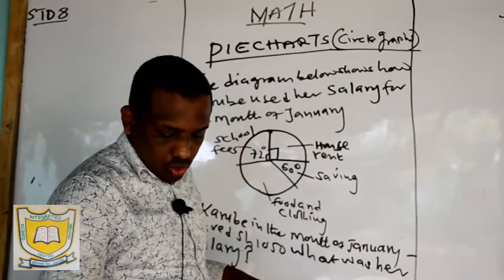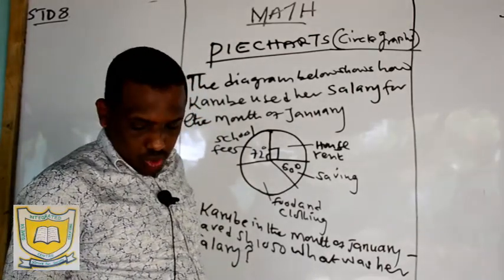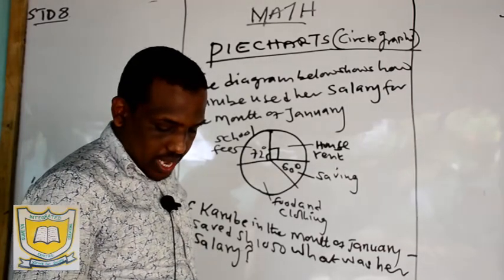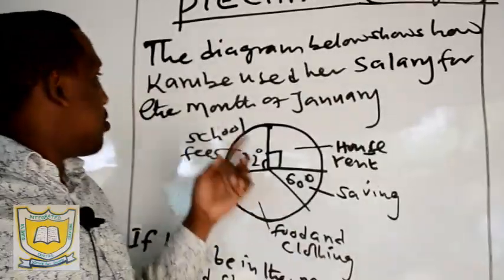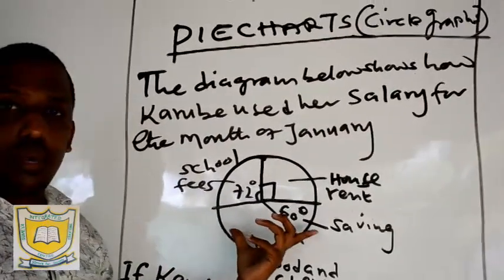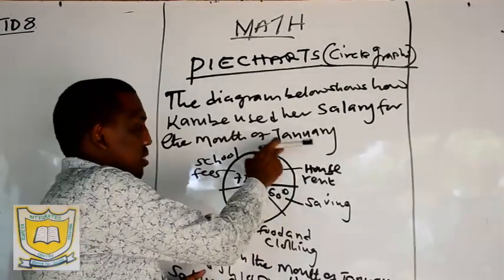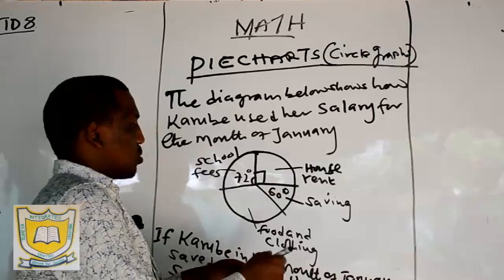So here there's a question. You are told the diagram below shows how Karube used her salary for the month of January. This is the diagram, called the pie chart, and it has 360 degrees.